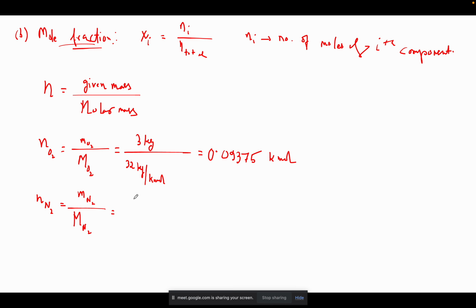Given mass of nitrogen is 5 kg and molar mass of nitrogen is 28 kg per kilomole. So this is 0.1785 kilomoles.